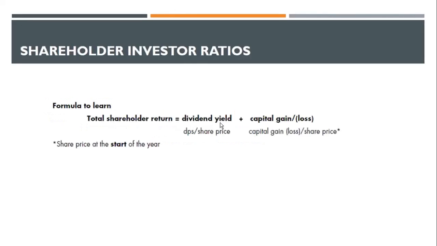Then you've got shareholder investor ratios, total shareholder return. We know that total shareholder return was our first lecture, first 20 minutes. So shareholders, what do they get? When you invest in a business, when you buy shares, what you get is the dividend every year plus the capital gain in the share.